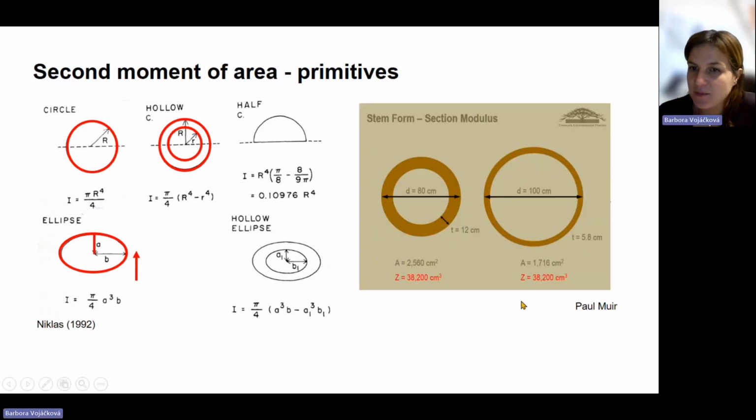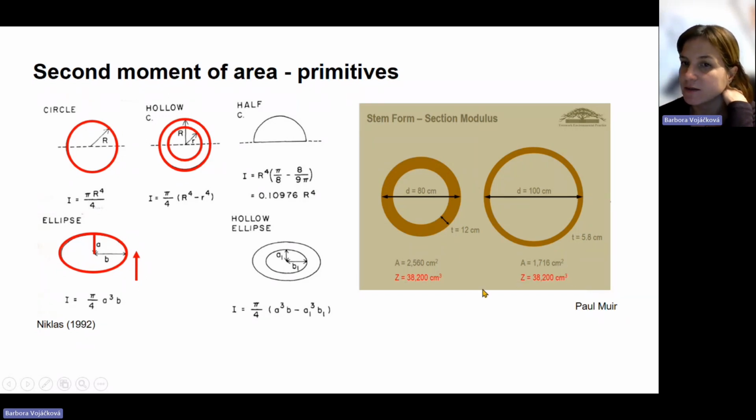So here is an example again from Paul that you can see: when you have a smaller stem, the Z, he uses Z for the section modulus, is about 38,000, and with the bigger stem, but with the bigger cavity, the section modulus is still the same.